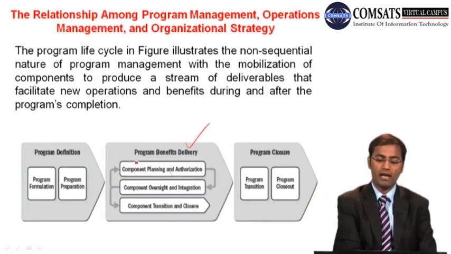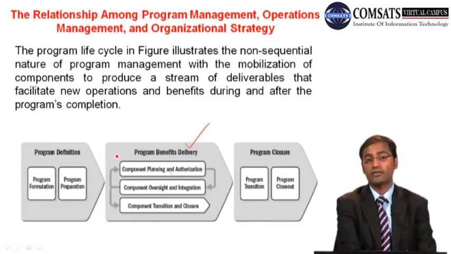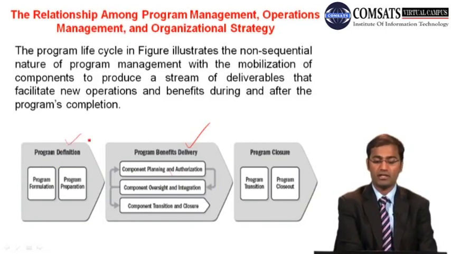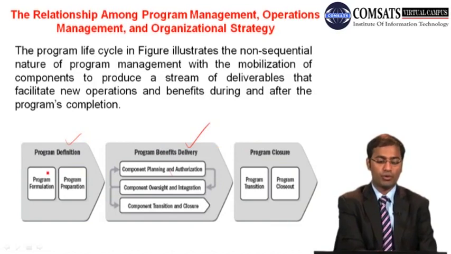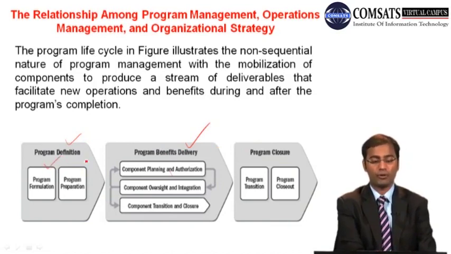So program definition, as we had in previous slides, has three components: program definition, program benefit delivery, and program closure. Program formulation is part of program definition, and then program preparation.